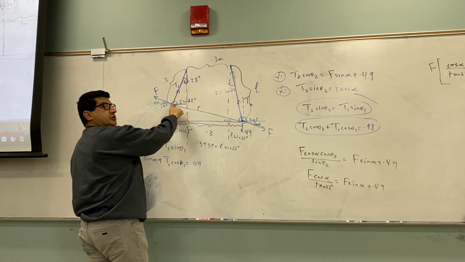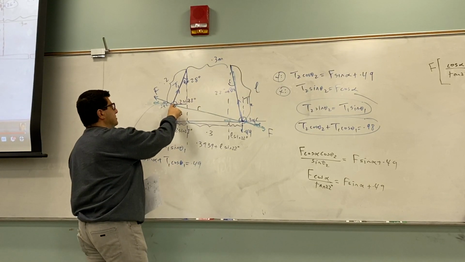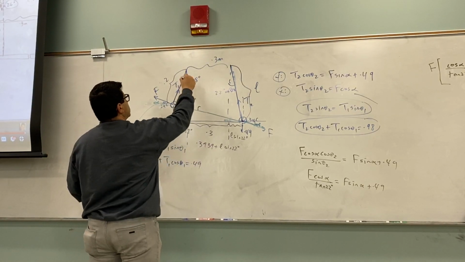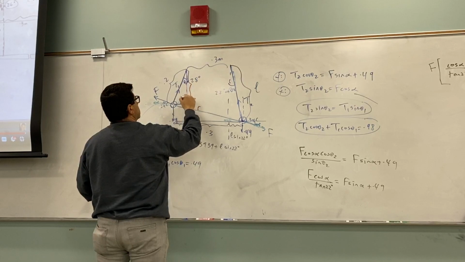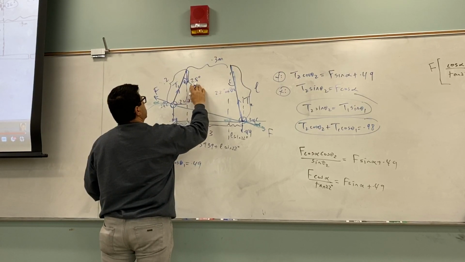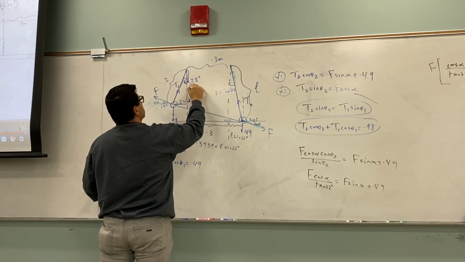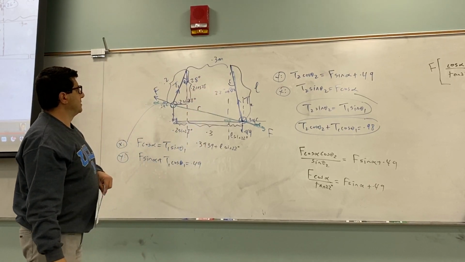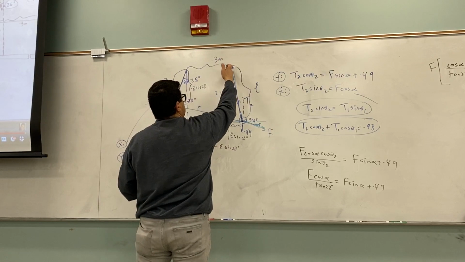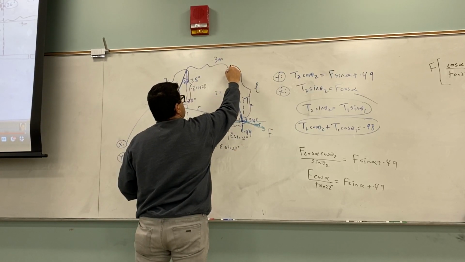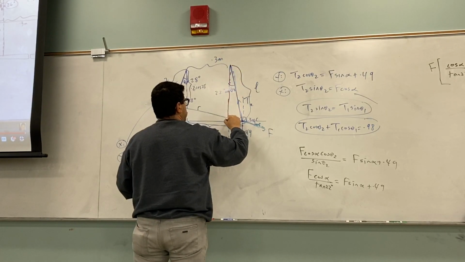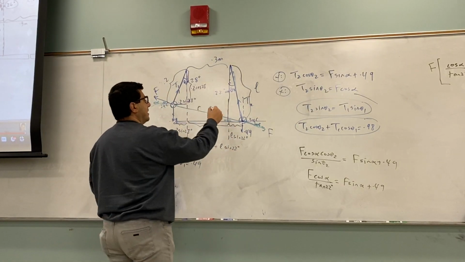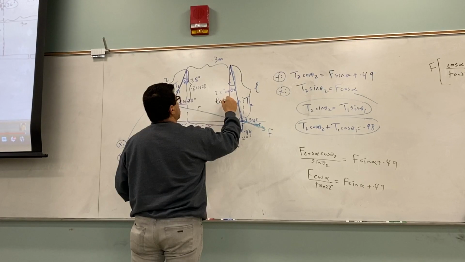And now I need an expression for this distance. Okay, so what's that gonna be? This distance is gonna be L, it's gonna be 0.2 cosine 28, right? And then this whole distance from here to here is gonna be L cosine 22.